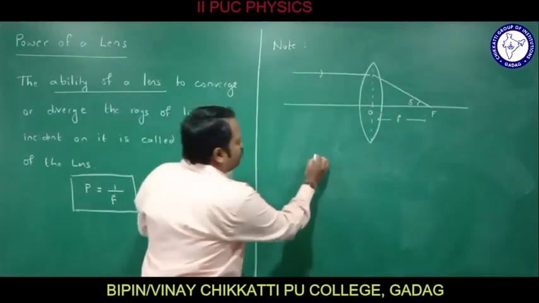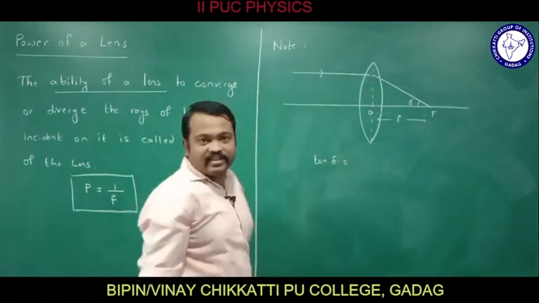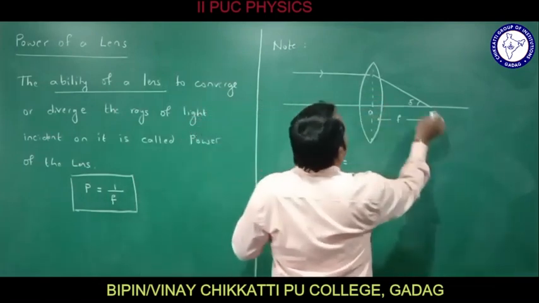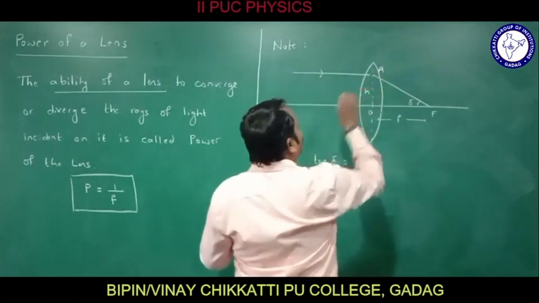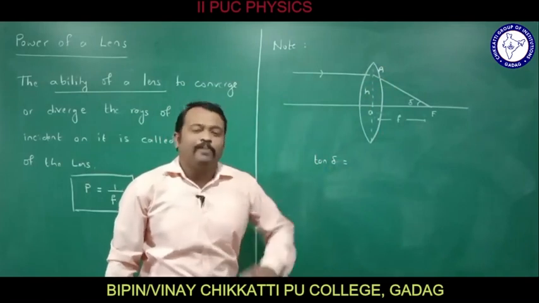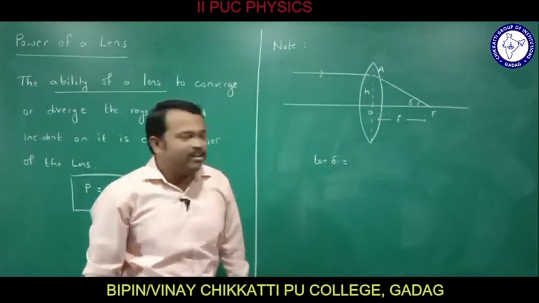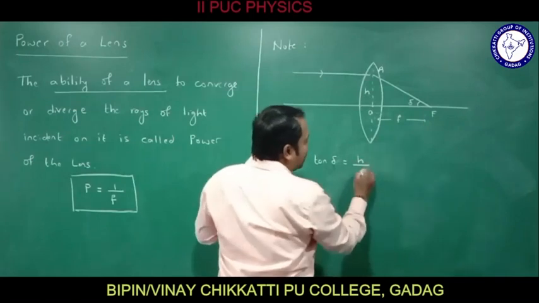Can I say what is the formula for tan delta? Let me take this distance OF as F, and this distance as H. What is the formula for tan? Tan is opposite side divided by adjacent side. What is the opposite side of delta? H. What is the adjacent side?